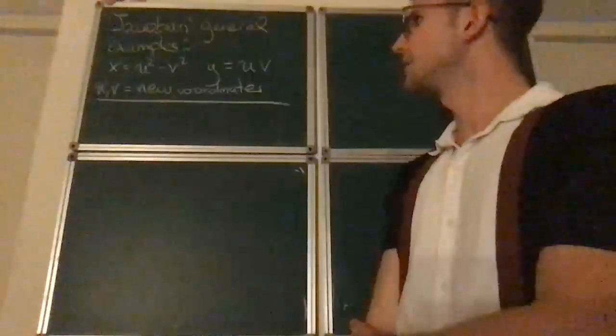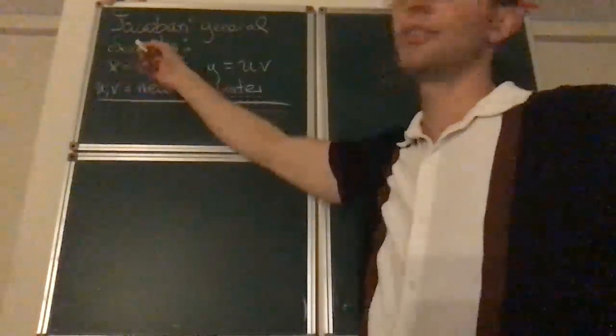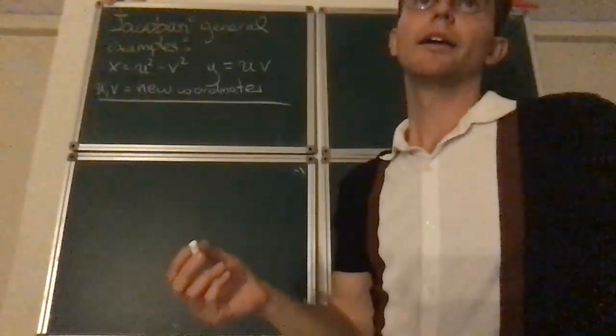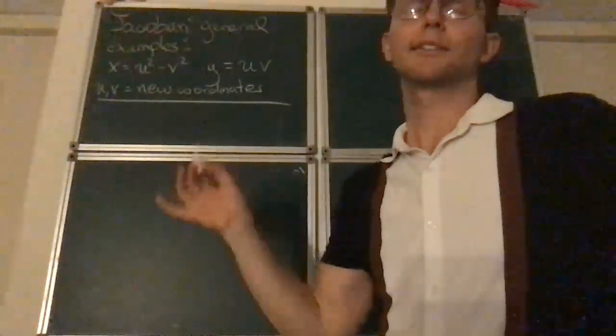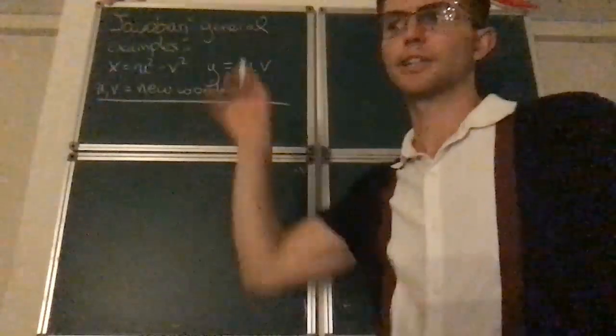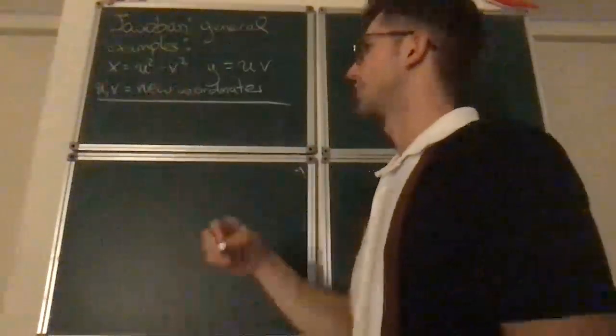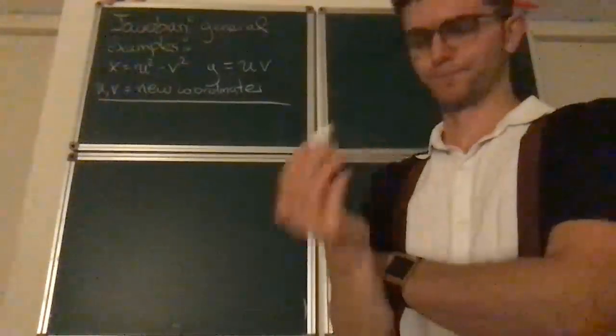And the point is that we don't necessarily know what these coordinates mean. So for example, when you use r and theta, it's clear that r is like the distance from the origin, and theta is just like the angle of inclination. But here, I haven't given you any particular interpretation for what u and v are supposed to be. And you should not necessarily think that there's a straightforward interpretation of them.